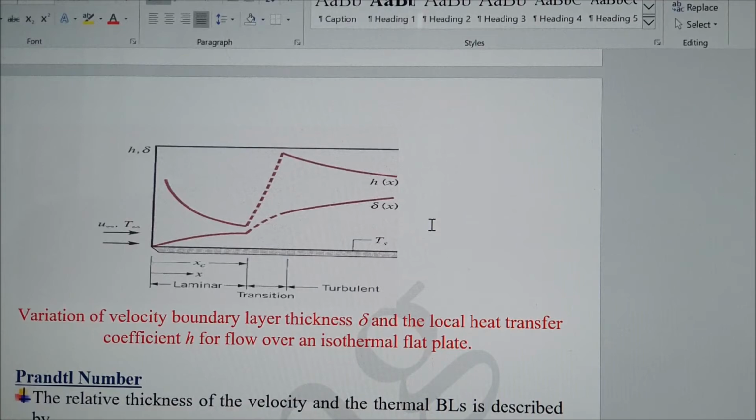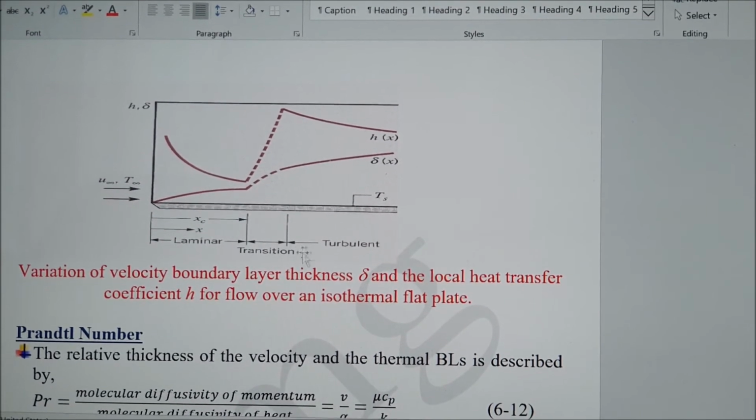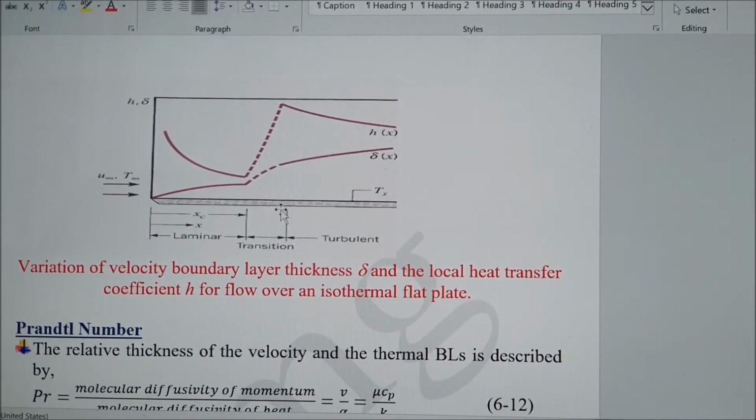So it's very important to determine whether your area of study, of analysis for convection heat transfer, is in the laminar or turbulent region. Because like I said earlier, we tend to ignore the transition region. It's much more complex to analyze.